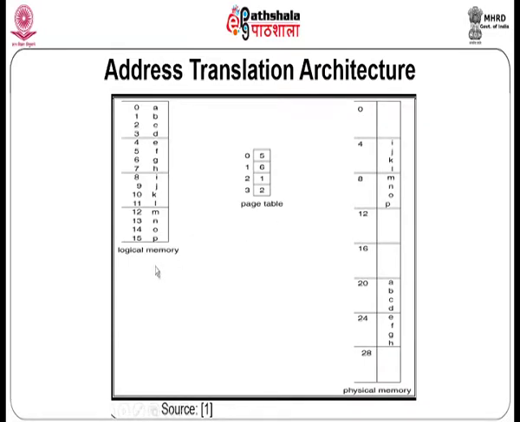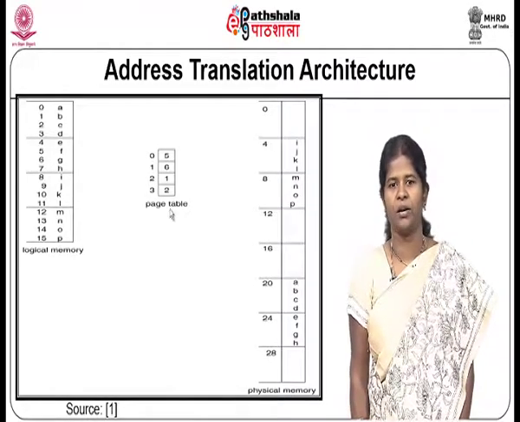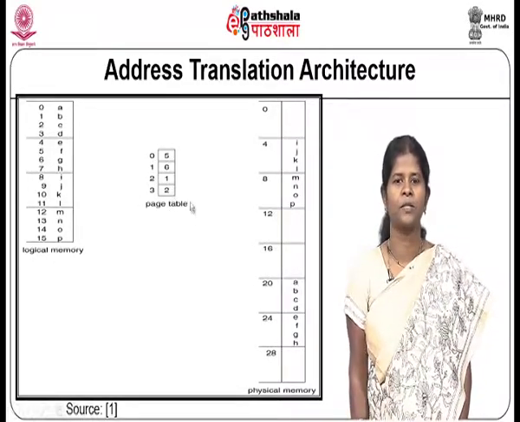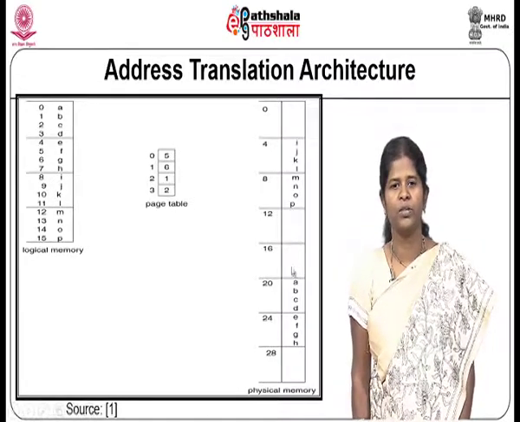Look at this example now. Here you have the logical memory of the process. There are 4 pages in this process, and each page is of 4 byte size, and you have a page table. Because there are 4 pages, you will have 4 entries in the page table. The number of entries in the page table is equal to the number of pages in the logical address space, and these 4 pages are put into the physical memory.